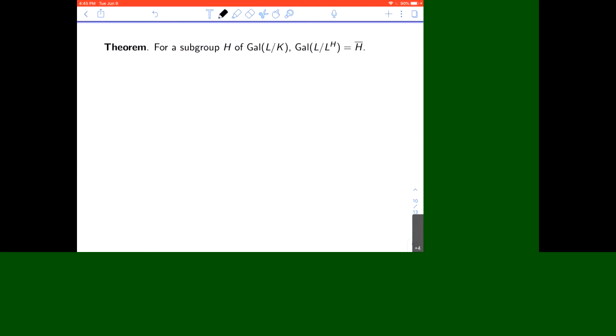Now I want to show you a little bit more how the topology works. Let's see that when I take a subgroup, look at the field that fixes it, and look at the things that fix the field fixed by H, I actually get the closure of H. So these are the automorphisms tau such that tau fixes everything that H fixes.